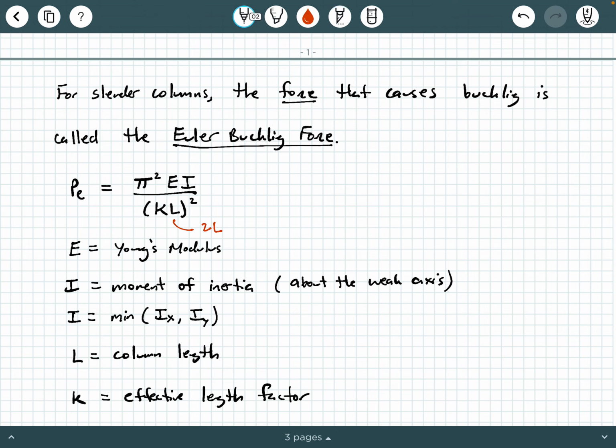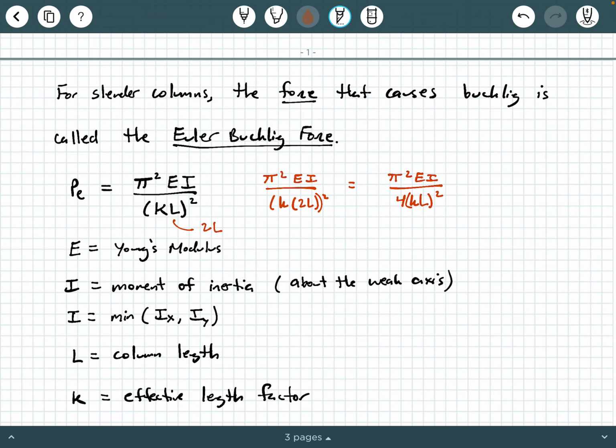So one more time, if I were to say pi squared EI over K times 2L squared, what will this come out to? That'll be pi squared EI over 4KL squared. So P sub E will change by a factor of 4, and specifically P sub E will decrease by a factor of 4 because that factor of 4 is in the denominator, okay?